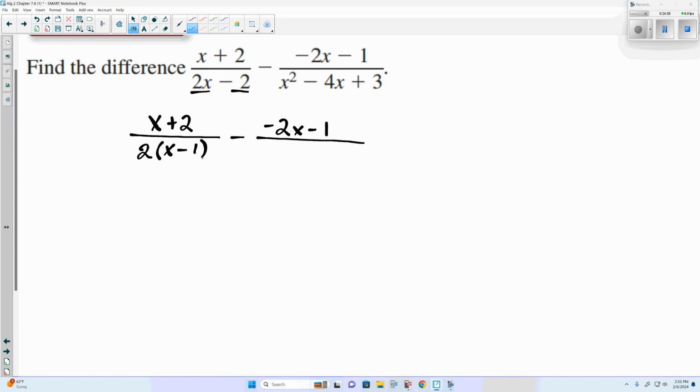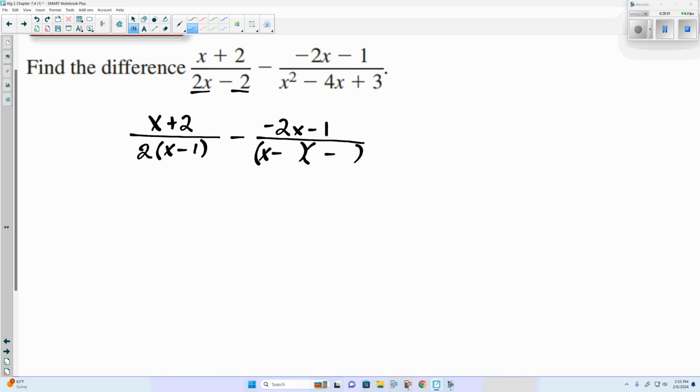So our 2x minus 2 has a greatest common factor of 2. Is there a greatest common factor between our x squared, 4x, and 3? No. And since we do have 3 terms, there's a good chance we can factor it with 2 sets of parentheses. Since our third term is positive, our signs are the same and match the sign of the middle term. Minus and minus. Factors of x squared: x and x.